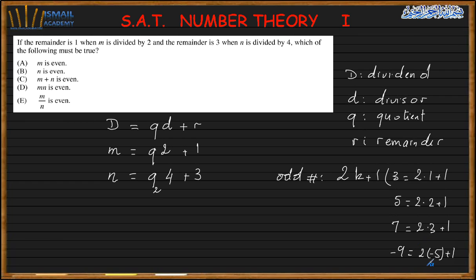And n is odd too. Why? Because look, I'm going to try to pull out 2. It's going to be 2 times 2q2 plus 1 plus 1. You see, 2 times a number is even.